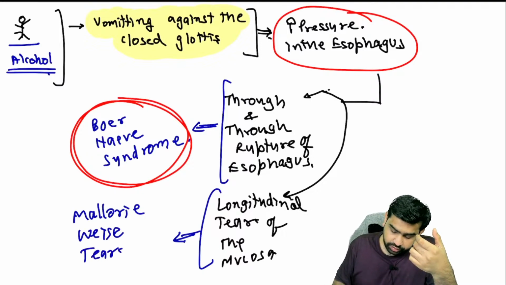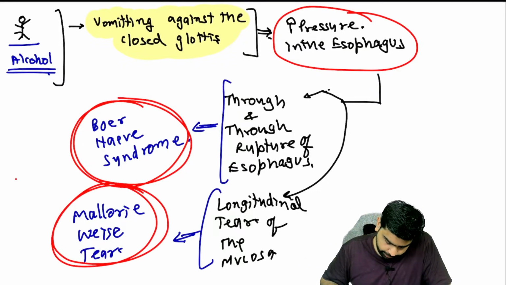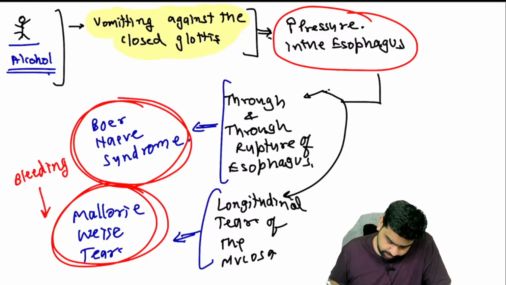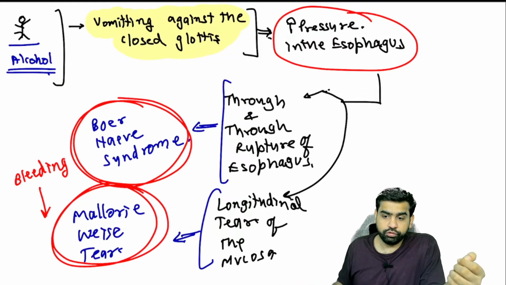A Mallory-Weiss tear is basically a longitudinal tear, and the patients develop bleeding. In Boerhaave syndrome, there is perforation of the esophagus.